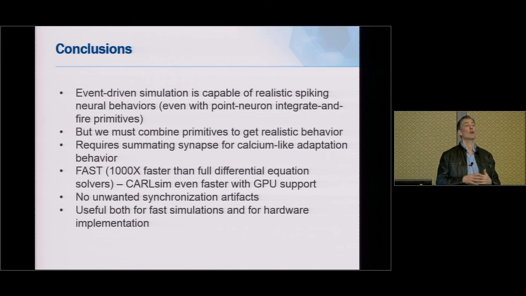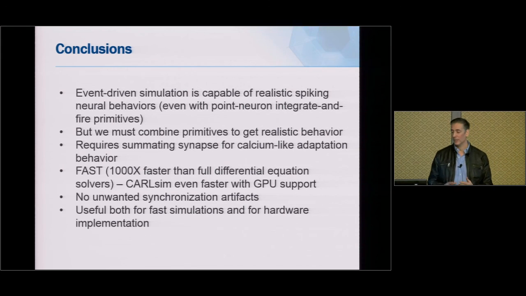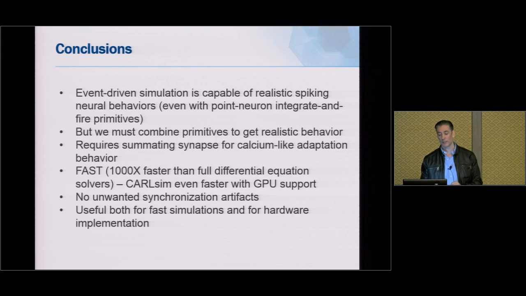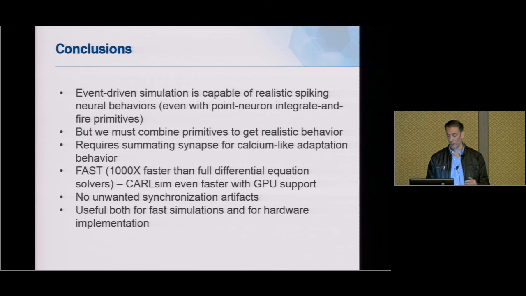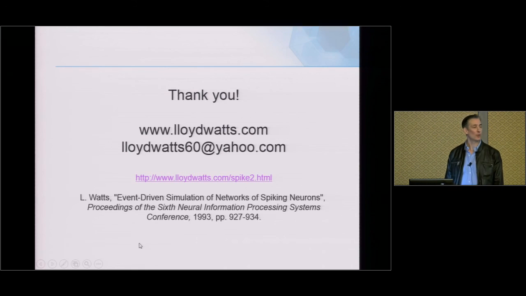Now, it may or may not be preferable, but this doesn't have to be just for fast simulations. It could actually be the code you run on your dedicated neural hardware if you chose to implement it that way. If you do happen to be interested, it's on my website. Historical interest, I guess.